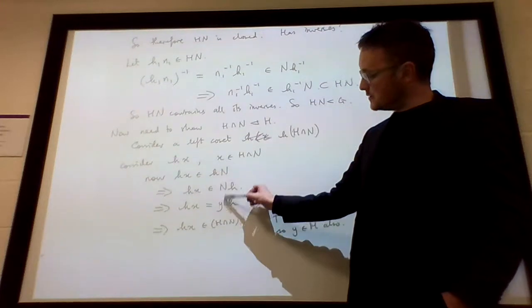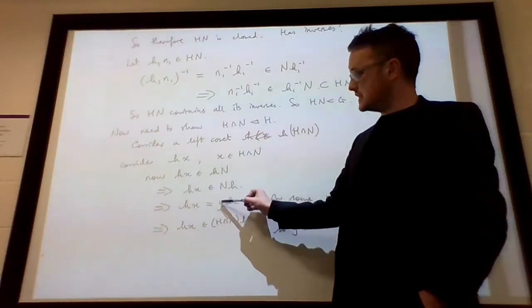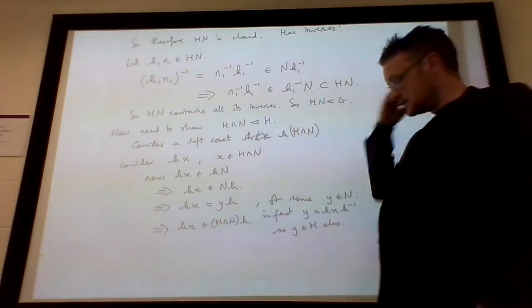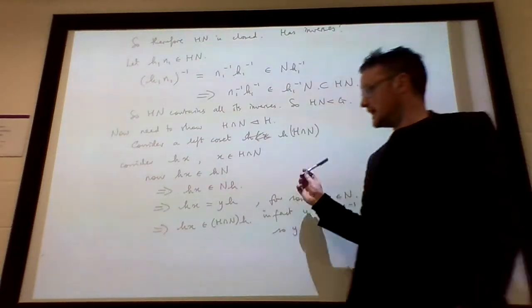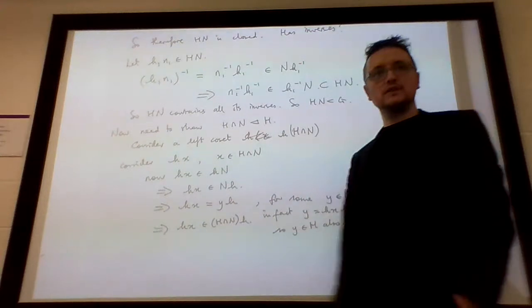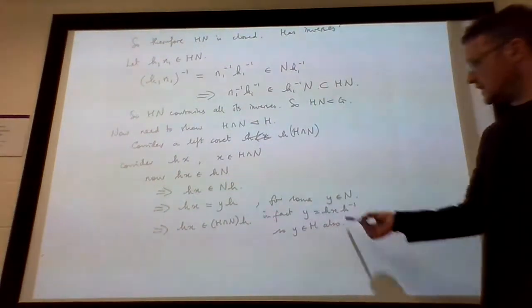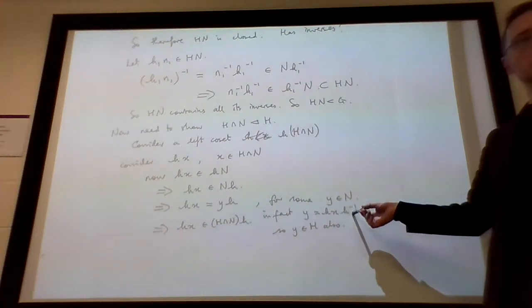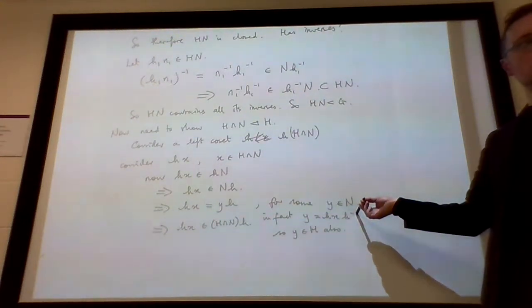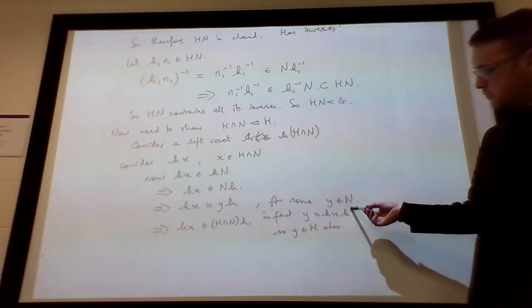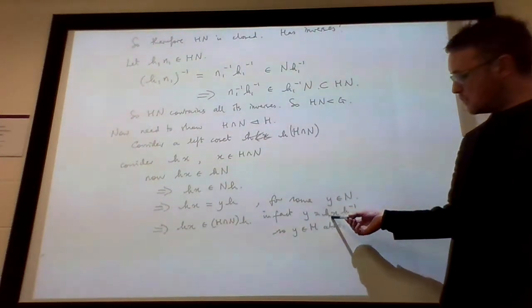The particular element of N that gives rise to it I'll just call y. It's probably some other element of N apart from this x. If you look at what element it actually is, just shove that h over the other side, this y is hx h inverse. x is in N, which is normal, so that proves that y also has to be in H.